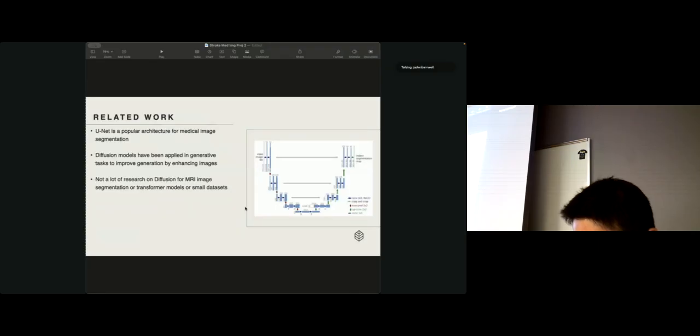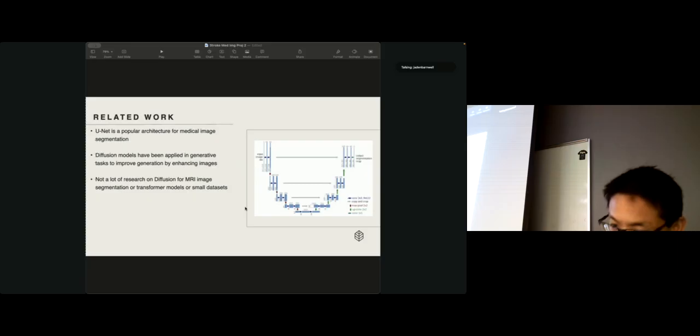Related work: UNet architectures are popular for medical image segmentation. Over here to the right, we see a sample UNet architecture. It's used a lot in medical segmentation. And diffusion models have been applied to generative tasks, like in generative AI.